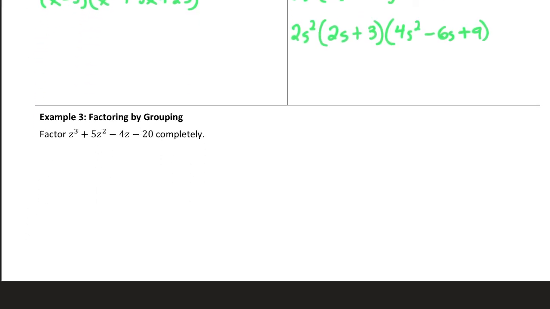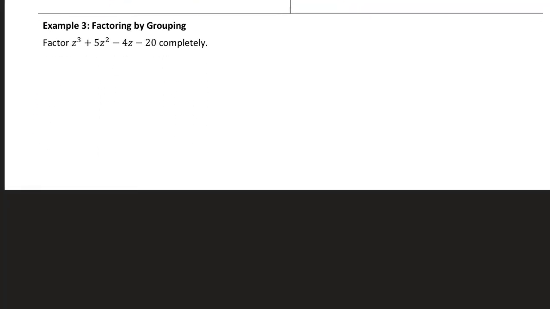So your next example, okay, factoring by grouping. For this example, what we do is we group terms 2 at a time. So that means to group them, we put parentheses around them. So I'm going to put parentheses around the first two terms, and I'm going to put parentheses around the next two terms. Now, the main thing here is when we see this subtraction symbol in between.